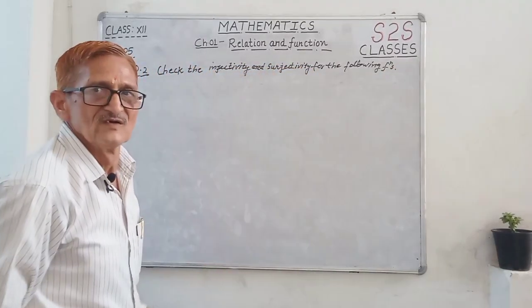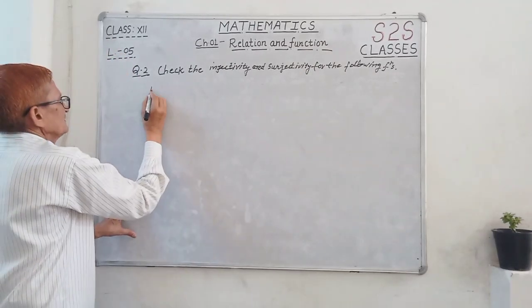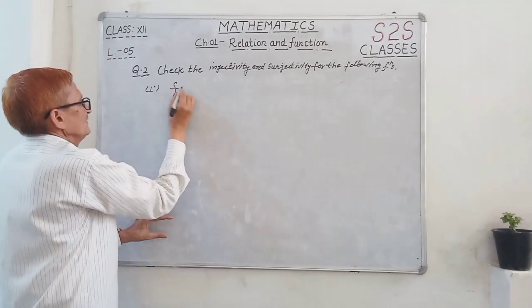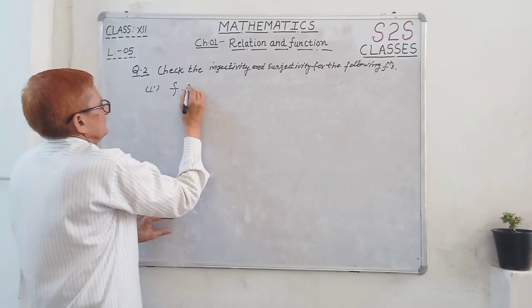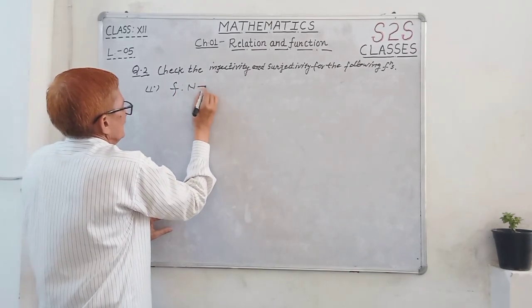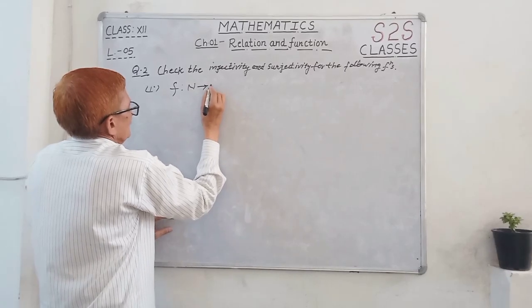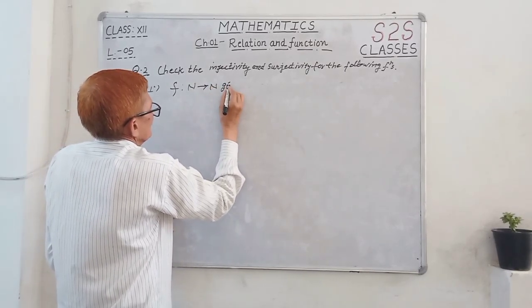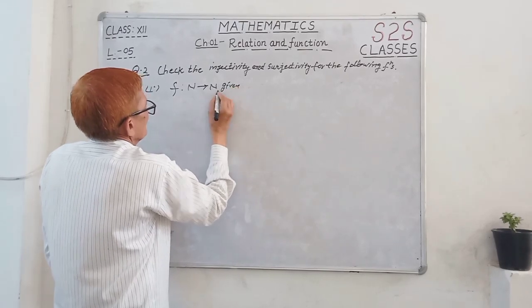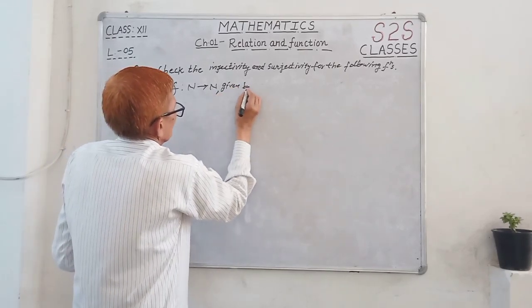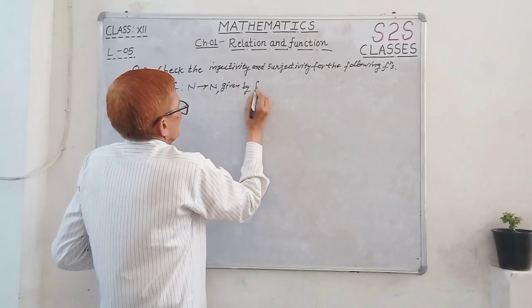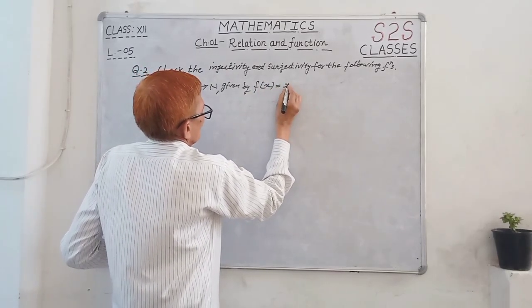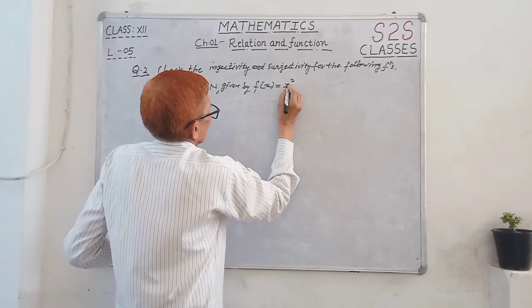First part, function f from natural numbers to natural numbers, given by f(x) is equal to x square.